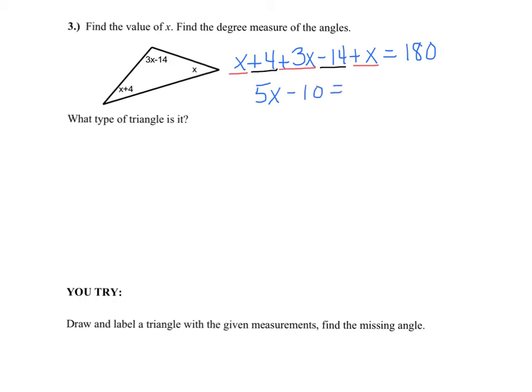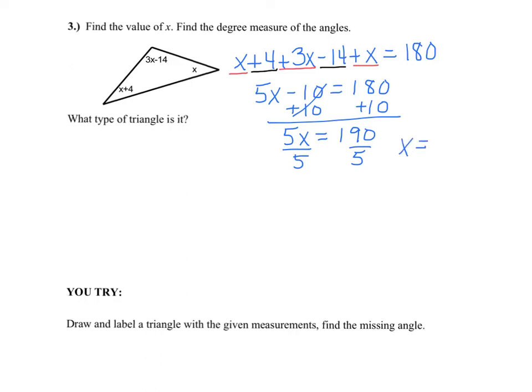That equals 180, and we have a two-step equation. So we add 10 to both sides, and we have 5x equals 190. Divide by 5, and x equals 38 degrees.